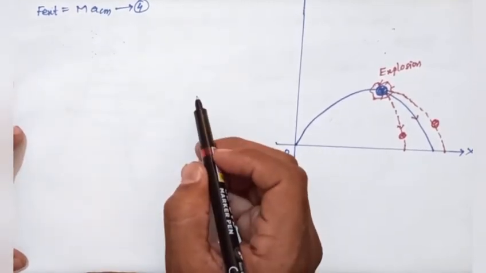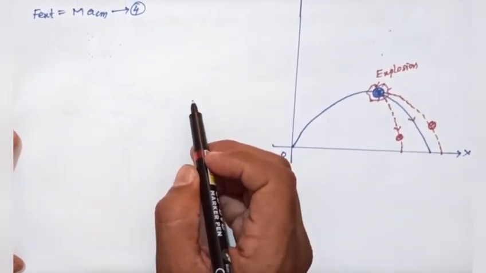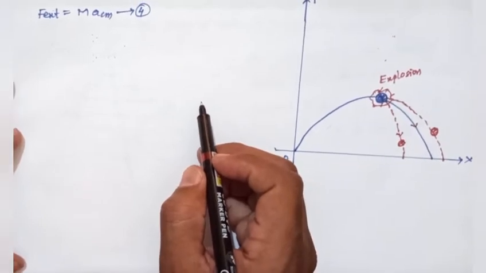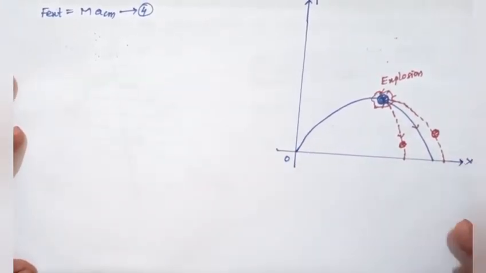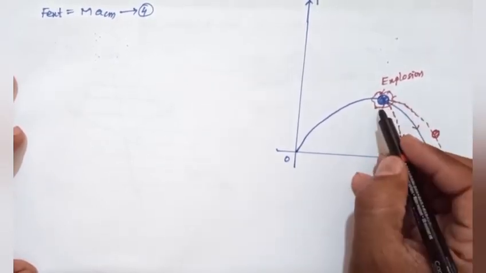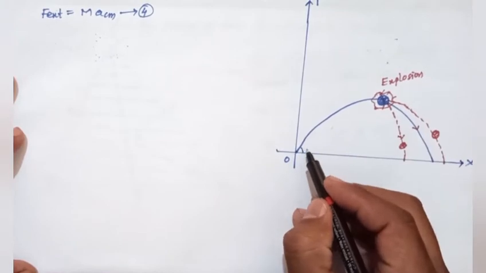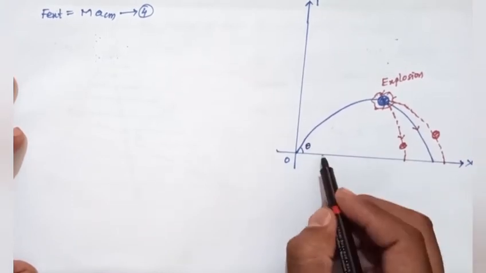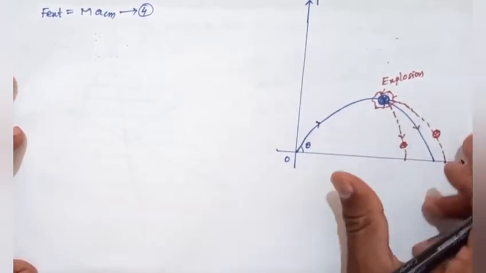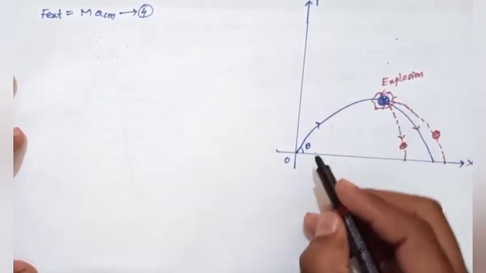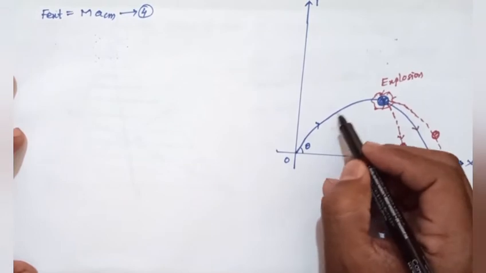So for example, we have taken a small bomb. It is projected at an angle theta with the horizontal, not in the vertical direction.